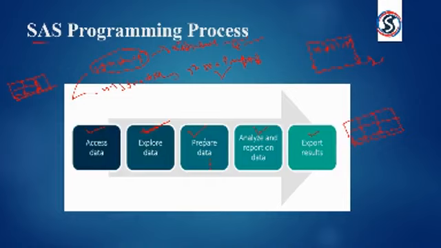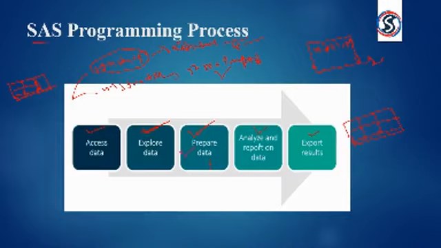While preparing data, whatever required columns and rows you want, you can prepare. If you want to drop any column from the data set or from your report, you can do that here. Even if you want to filter your observations based on a specific condition, you can do it while preparing your data.